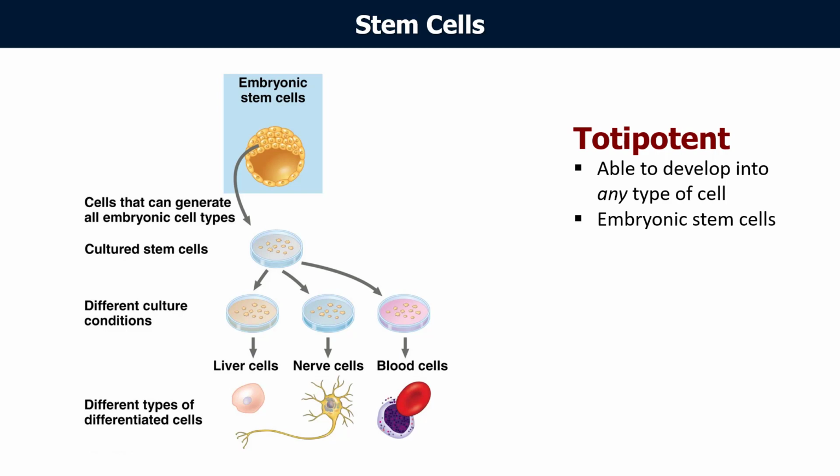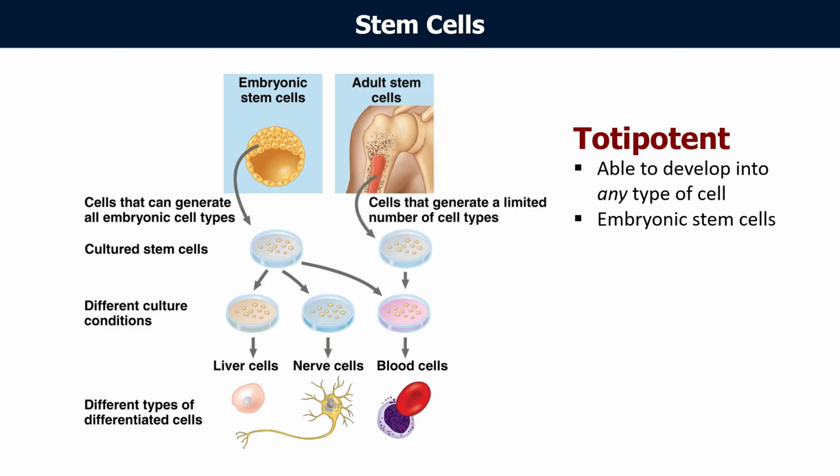I used in the definition there the word develop. Really, the sciencey term would be differentiate. They are able to differentiate into any type of cell. So embryonic stem cells can become any type. Just got to get the right sheet music played in there, starting from scratch. But there's also something called adult stem cells.